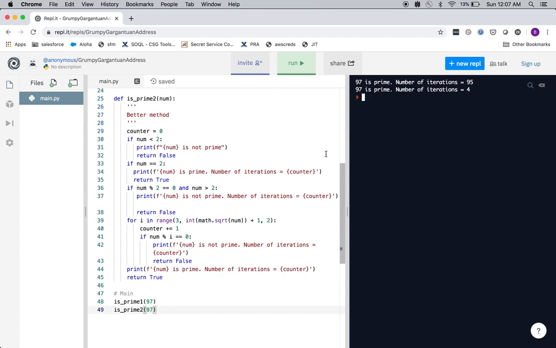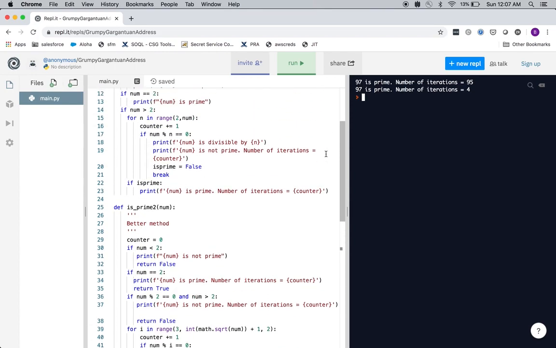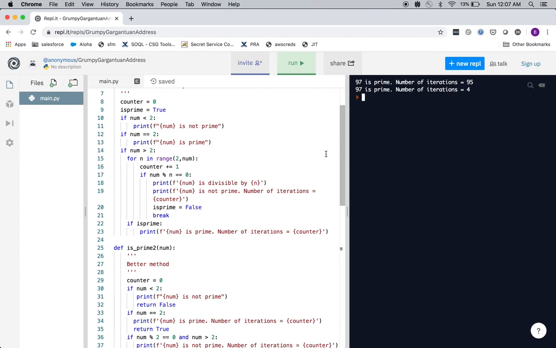So what you want to remember for sure is, if you encounter this problem in your interview, you don't have to take each number between 2 and whichever number you're checking, whether it's prime or not. Like 2 through that number minus 1. You don't have to go through all the numbers in this for loop or iteration.